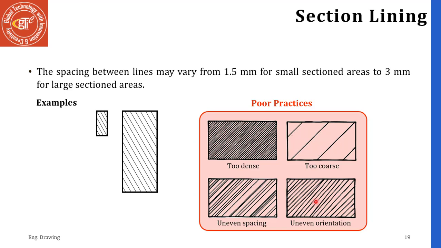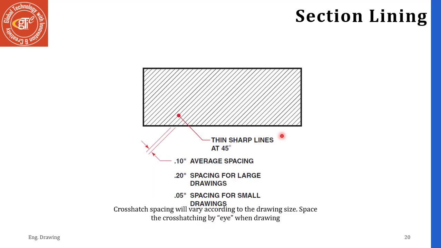So while drawing the section lines, keep in mind each line should be drawn at an angle of 45 degrees with equal spaces and equal orientation rather than using these poor practices. Here you can see the thin sharp lines at an angle of 45 degrees.